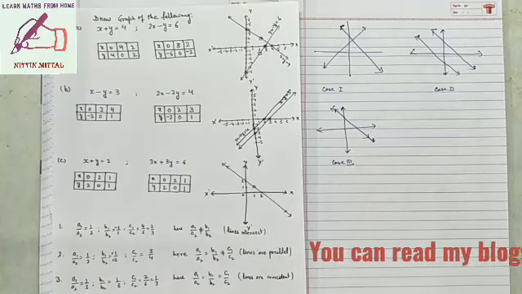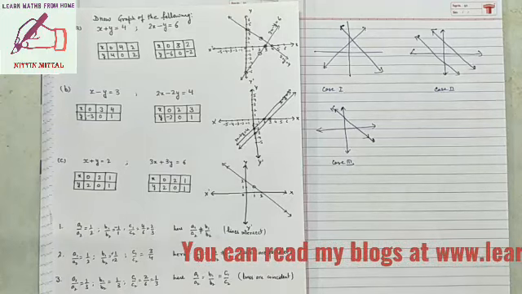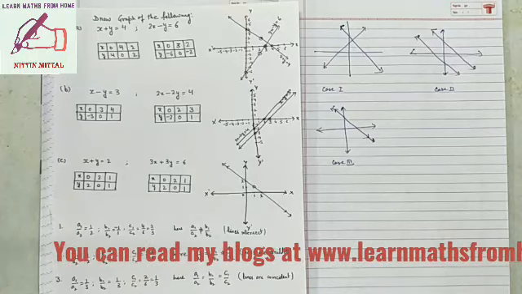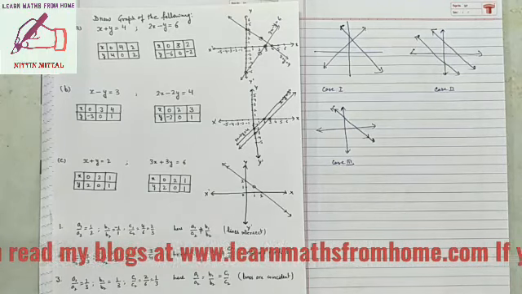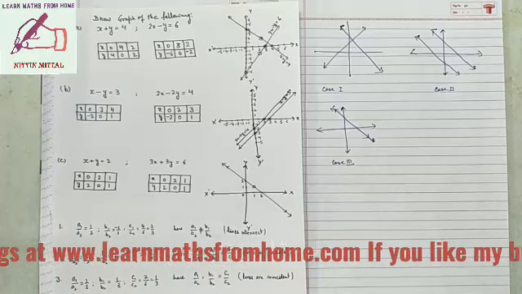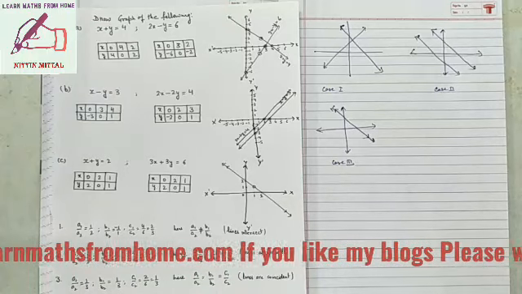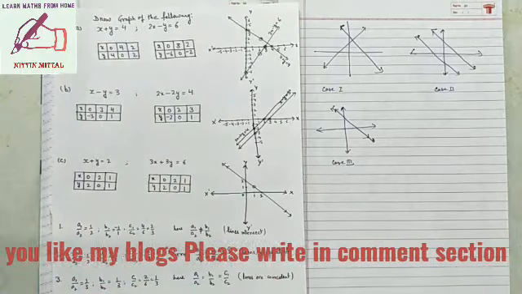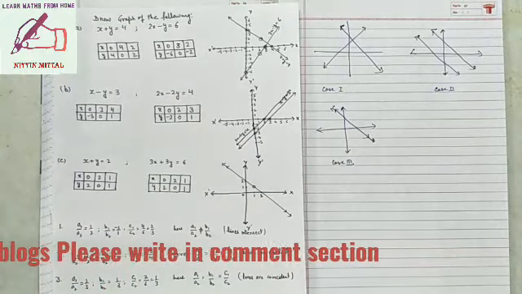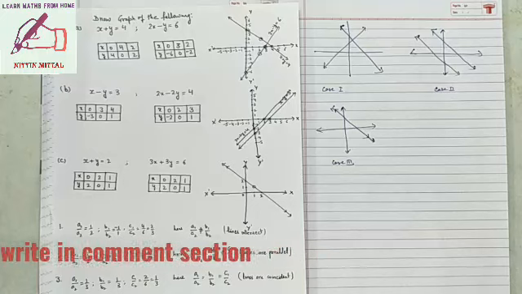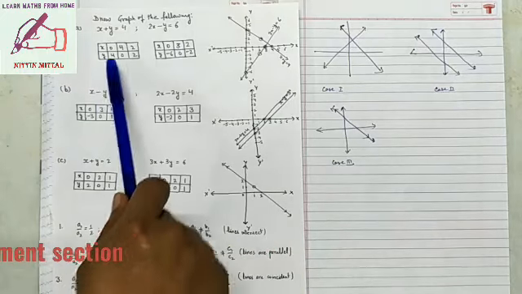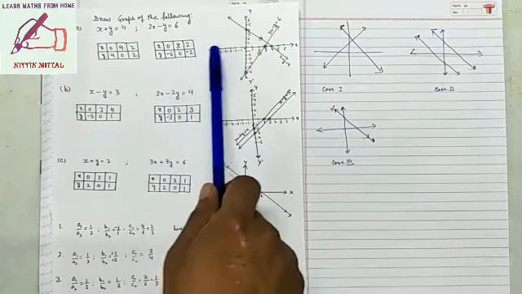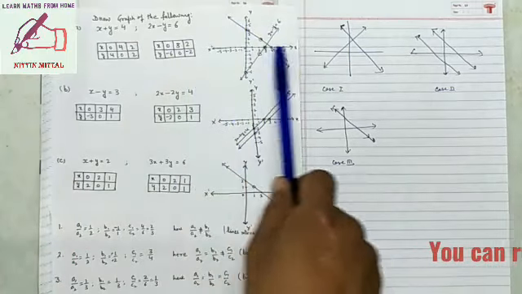Now in class 9 you have learned to draw the graph, and you must get a minimum of two solutions to draw the graph of an equation. So here I have taken three solutions, because by taking three solutions we can ensure our graph is correct. So for both the equations I have found three solutions, and I have plotted them on this Cartesian plane.